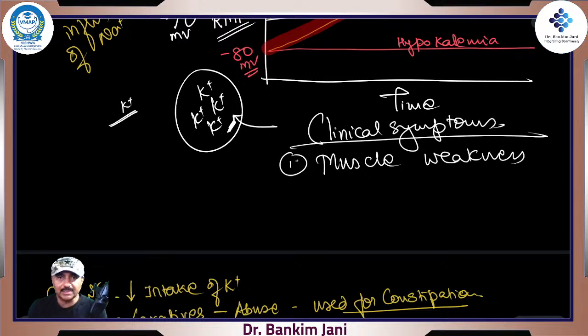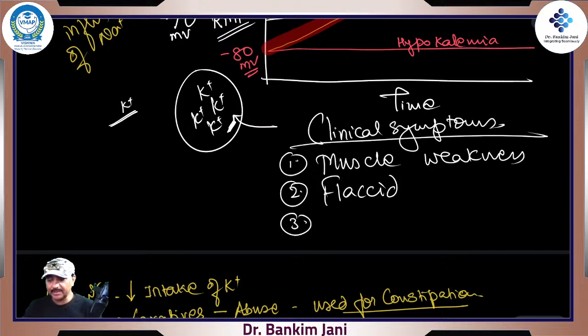And this muscle weakness is in the form of flaccidity, flaccid muscles. There is no tone. Rest, or statue in that position. And it is flaccid, soft.